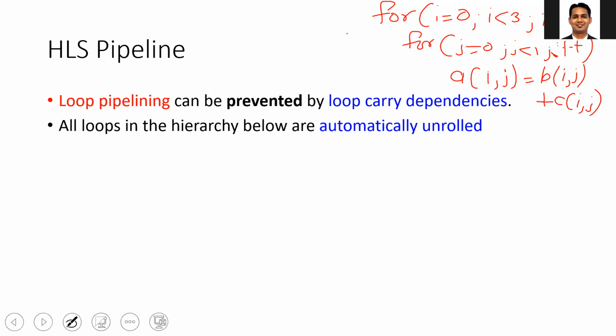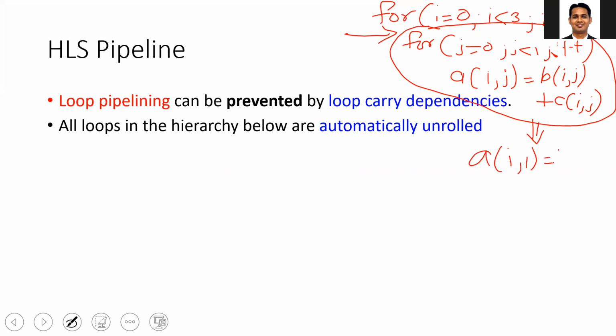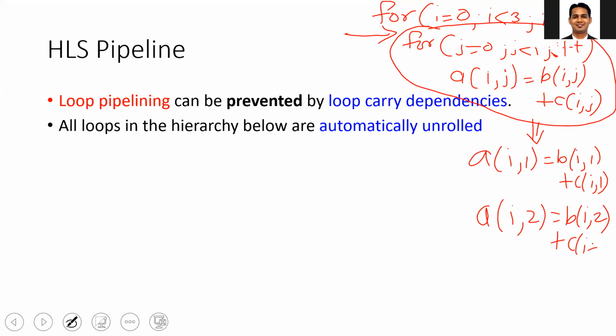So when I apply the pipeline to the first loop, then the inner loop will be unrolled. What do you mean by unroll? This loop will be replaced by a of i comma 1 is equal to b of i comma 1 plus c of i comma 1, and a of i comma 2 is equal to b of i comma 2 plus c of i comma 2.